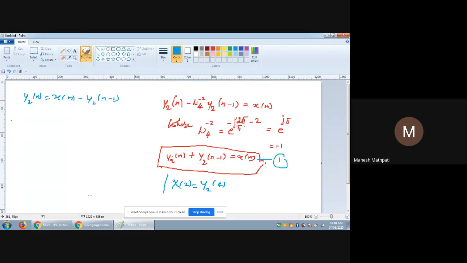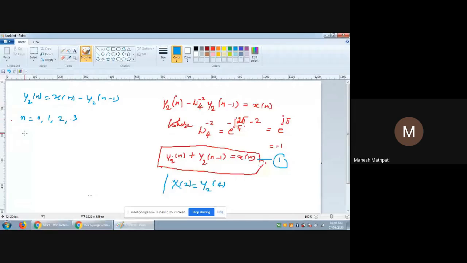Now we need to calculate the value of y2 of 4. How do we calculate it? Let us go on substituting the value of n equals 0, 1, 2 and 3.